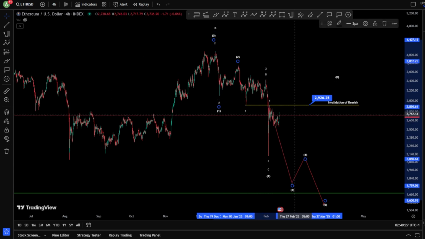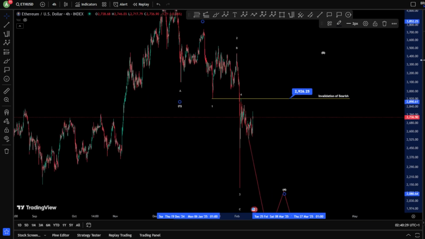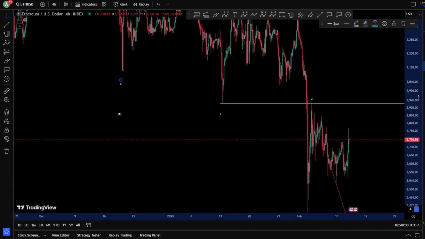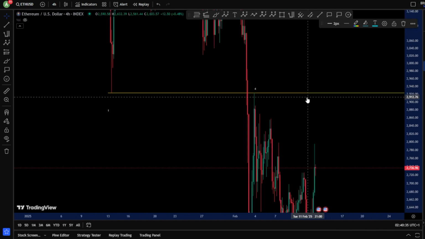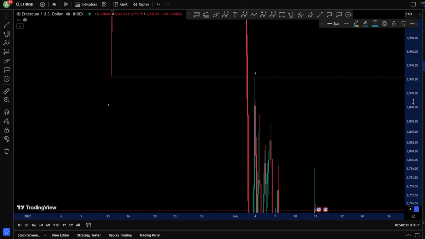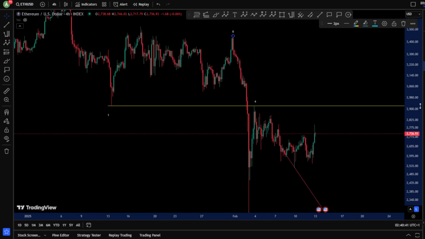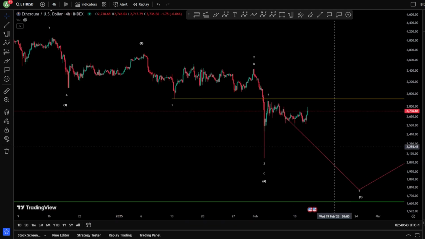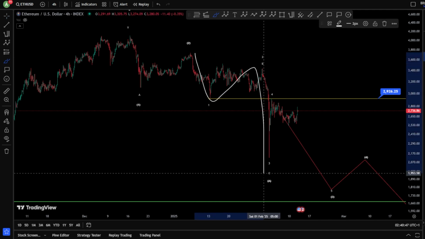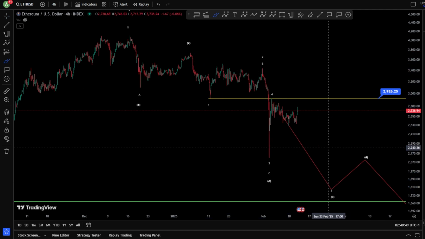Your wave 4. Did it invalidate this bearish scenario? So let's check. Was it touched? No, it was not taken. You see, there's still a very tiny gap before invalidation. So it's not invalidated yet.